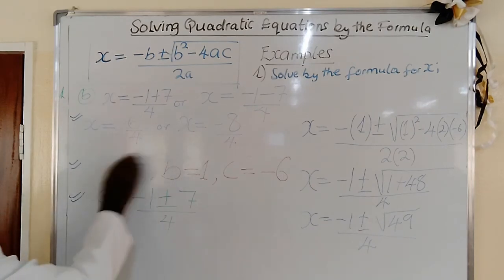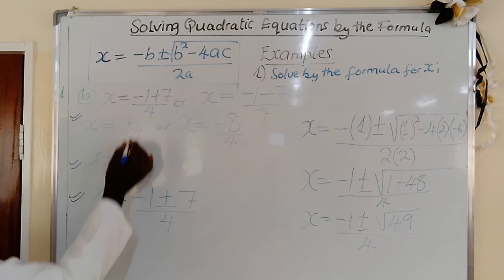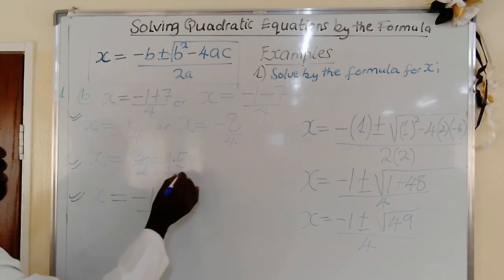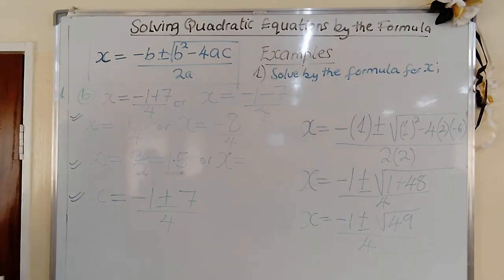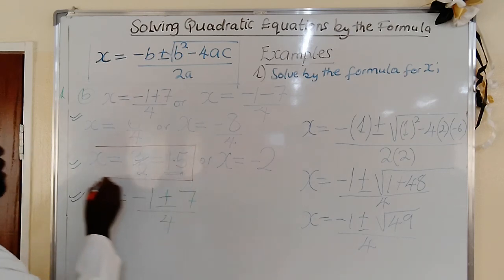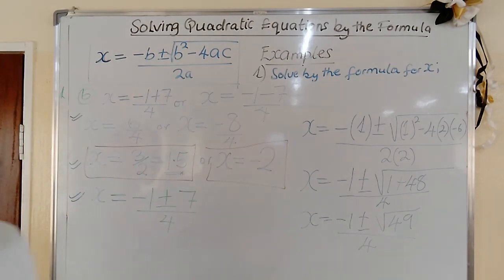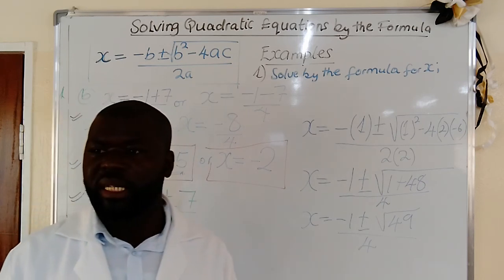Finally, we have x is equal to 6 over 4, which simplifies to 3 over 2, which is the same as 1.5, or x is equal to negative 8 divided by 4, which is negative 2. Basically, these are the two values of x.